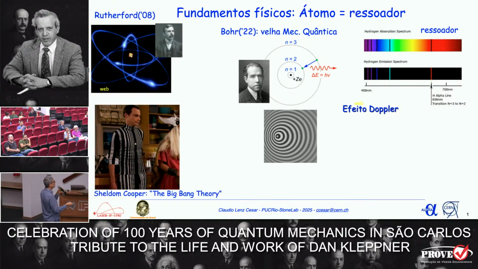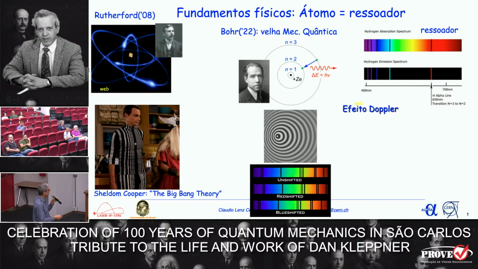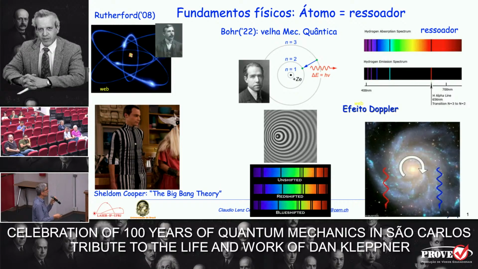And of course, by the Doppler effect that you all know from Sheldon Cooper from the Big Bang Theory, we can look at very distant galaxies and see absorption lines and emission lines, and we can find out the speed of stars in galaxies, and we can map out how they rotate around a galaxy, for instance. And by finding out these speeds, we can infer the gravitational attraction that these stars feel in that galaxy.